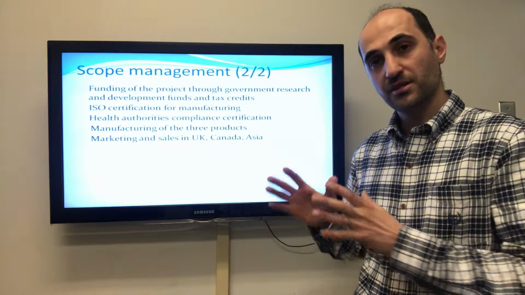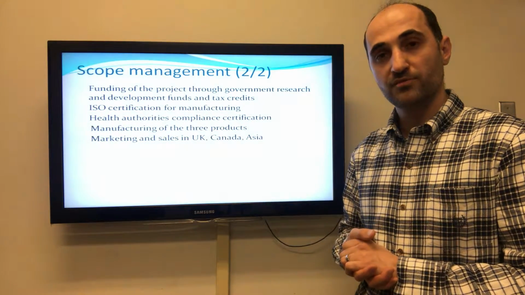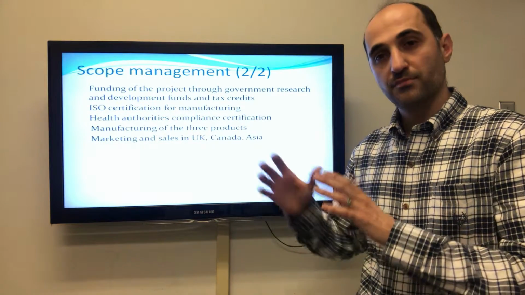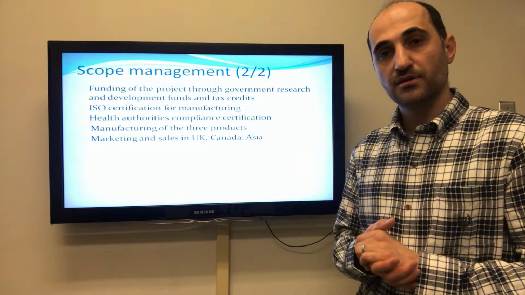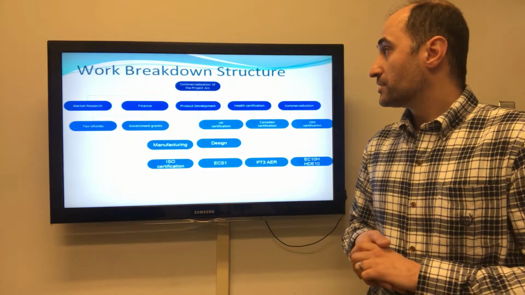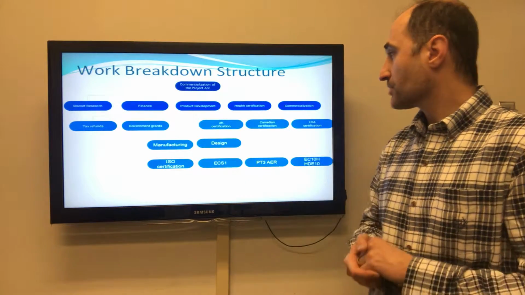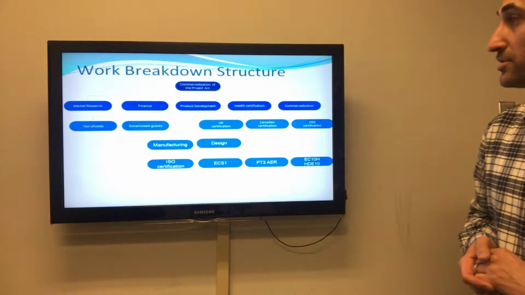And so basically the initial phase of the market was mostly in Europe, and then into Canada and USA. So the work breakdown structure of the project at a very high level is shown here.